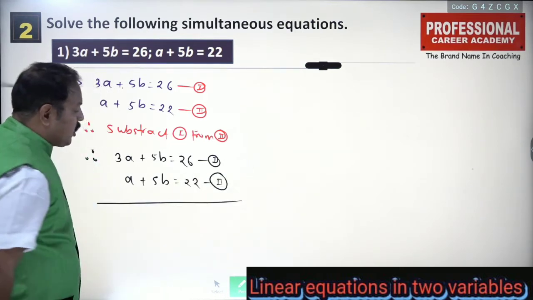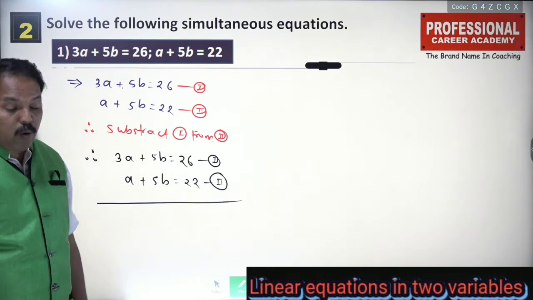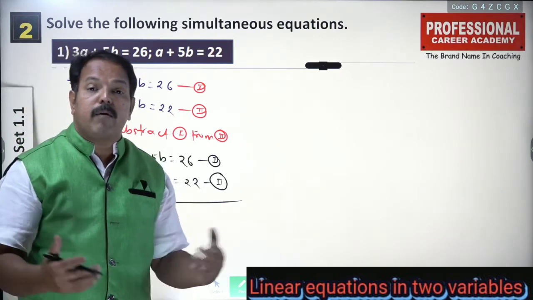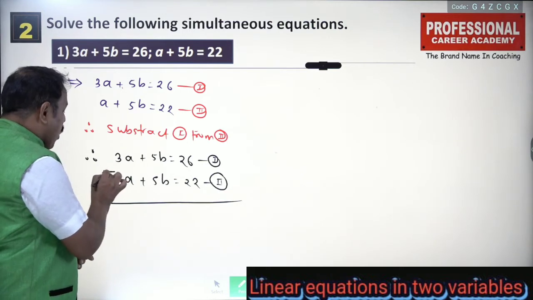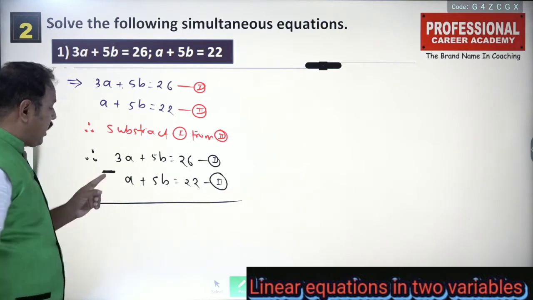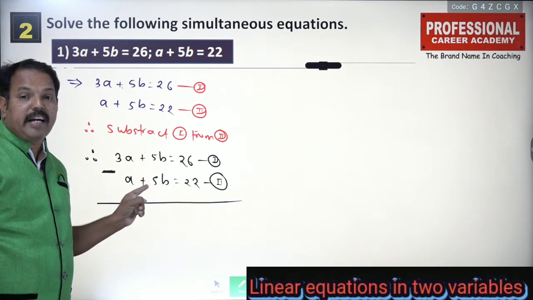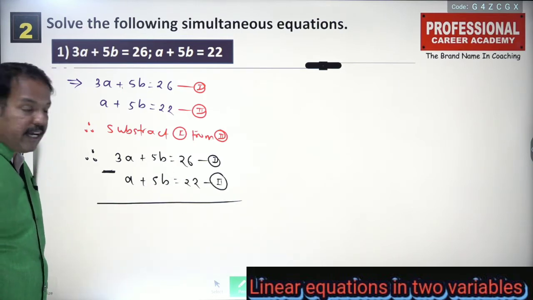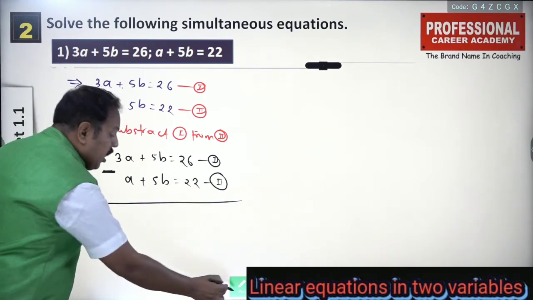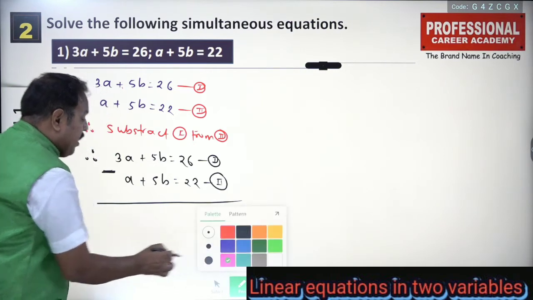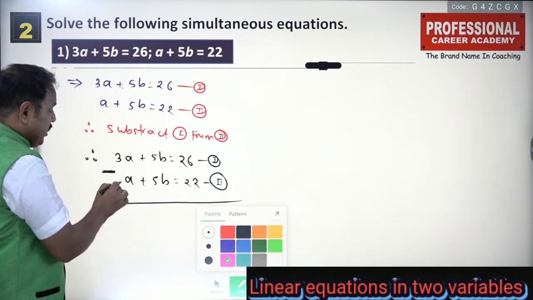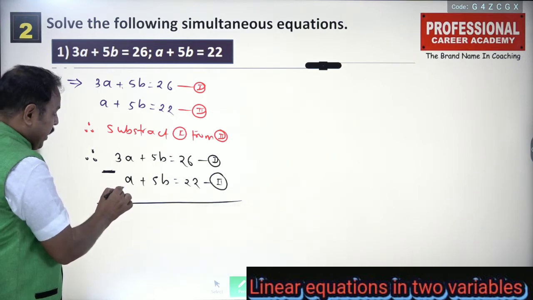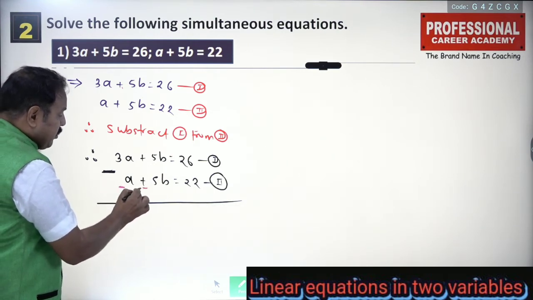Then dear students, you should know how to subtract one equation from another. This subtraction sign is common for all the terms of the second equation. So here, if we subtract the whole equation, the signs get changed. Initially it was plus, it becomes minus. It is plus, it becomes minus.